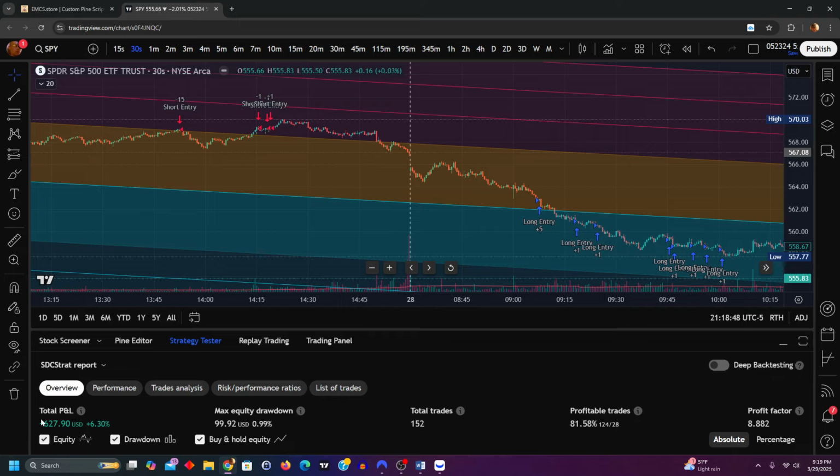On a $10,000 account, at $627, it captured about 6.3% on its account size in about a month.